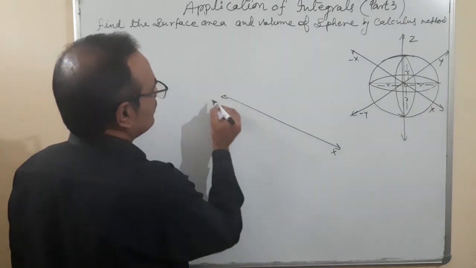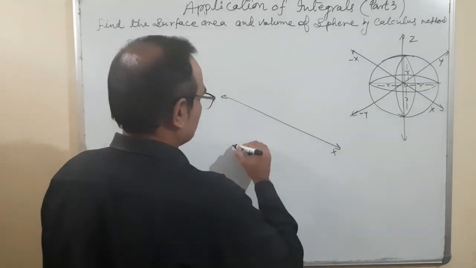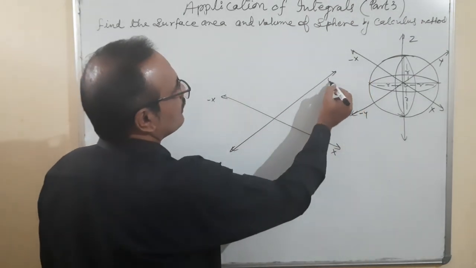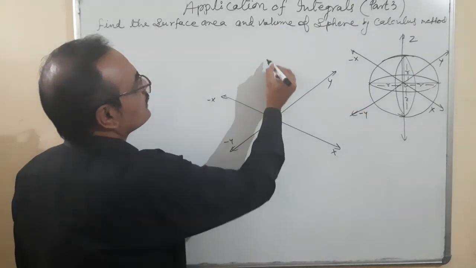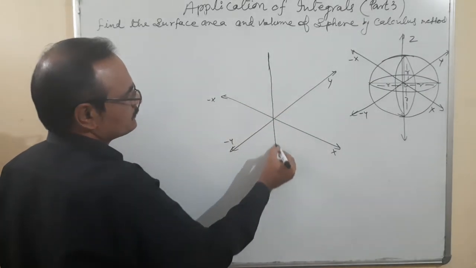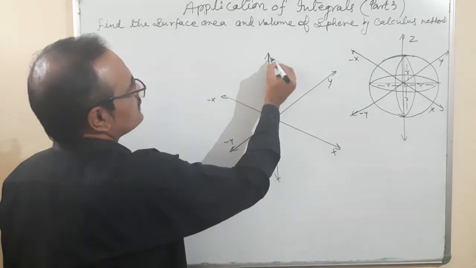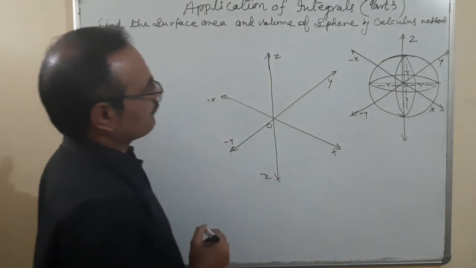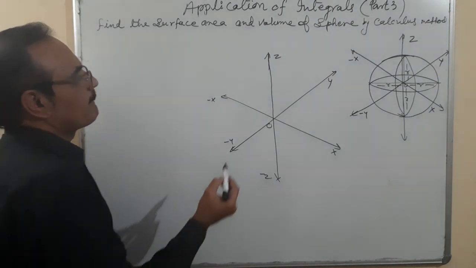X, it is y, and the third one, z, is vertical. It is z. Origin. It's okay. Clear?